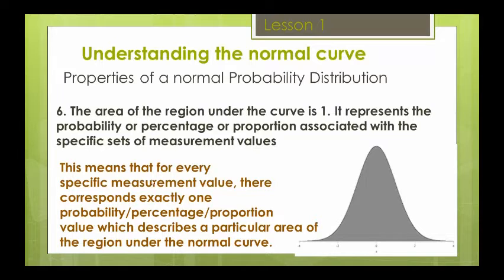This means that for every specific measurement value, there corresponds exactly one probability, percentage, or portion value which describes a particular area of the region under the normal curve. So lahat yan, if we're going to total all the area or the portion under the normal curve, that is equivalent to 1. So yung mga portion dyan, that is only the percentage or the probability. Okay, pag i-add natin lahat, that is equivalent to 1.